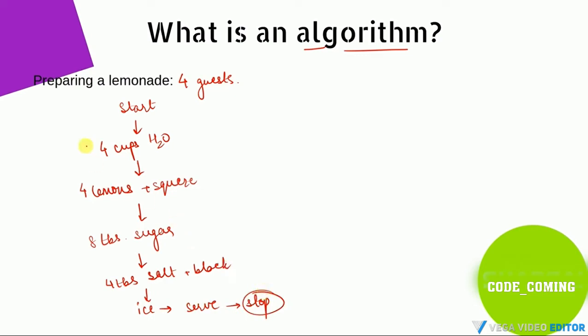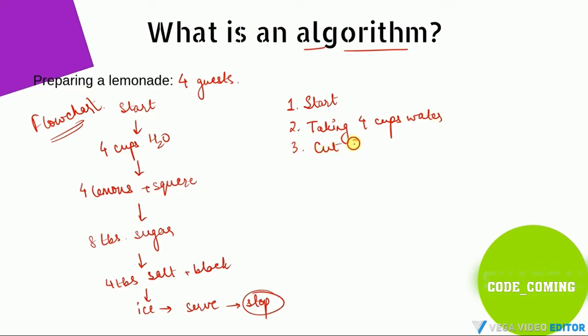So what we just wrote was a flow chart, meaning a pictorial representation of the steps involved behind preparing a lemonade. Now let us write these steps in a formal step-by-step procedure. We begin with start. Take 4 cups of water. Cut and squeeze 4 lemons.